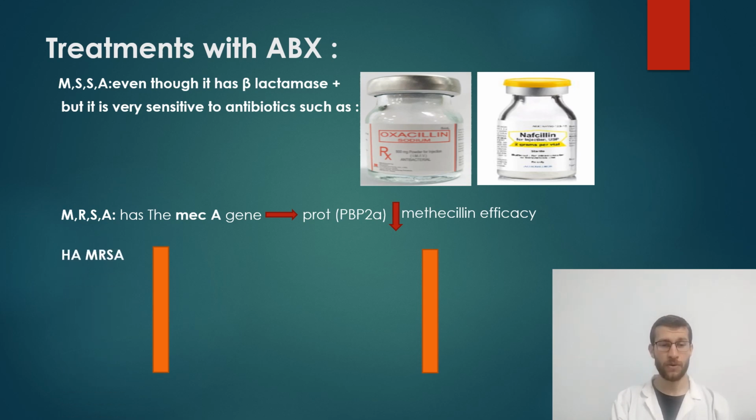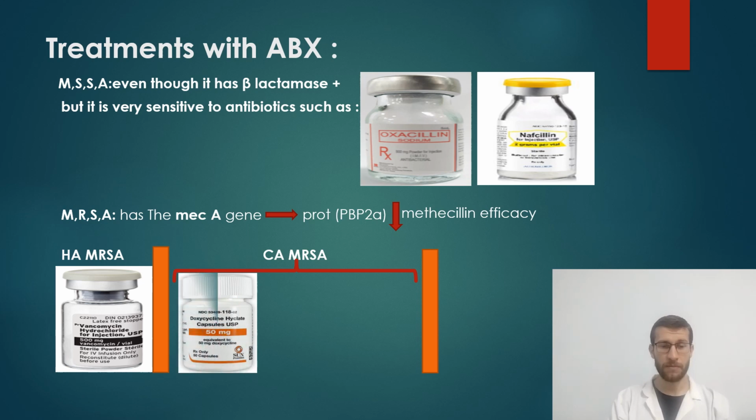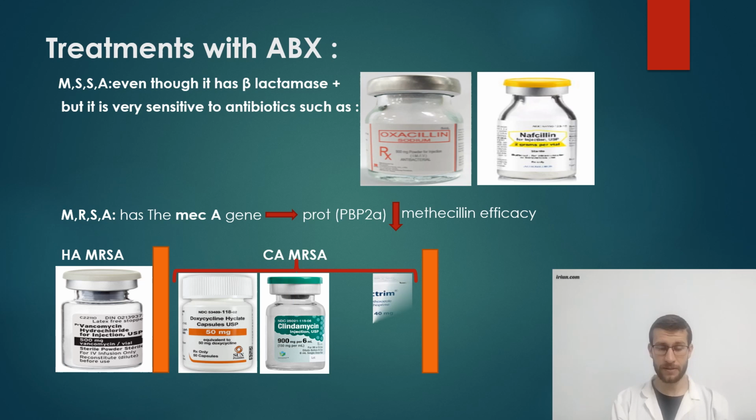And now we distinguish two types of MRSA. The hospital-acquired MRSA, which is treated using vancomycin, and the community-acquired MRSA, which is usually treated by using doxycycline, clindamycin, or Bactrim.